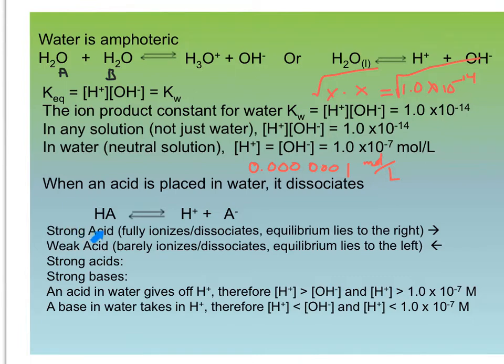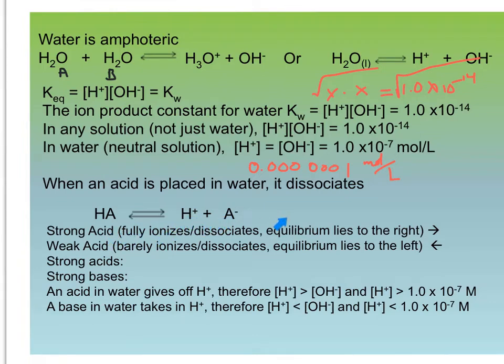A strong acid means that it fully ionizes or fully dissociates. So HA is molecular, right? They're sharing the electrons, like HCl, for example. When you put it in water, magic happens and it turns into H+ and Cl-, for example.